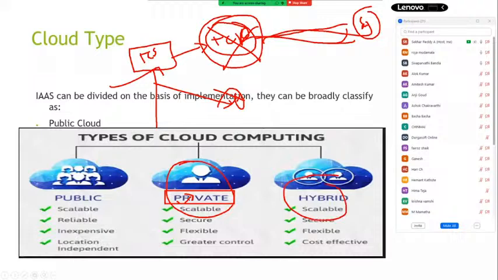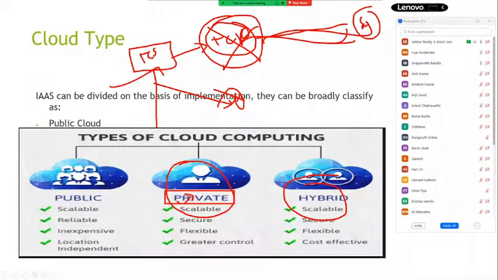Hybrid, you know, right? The hybrid keyword nowadays in IT, we are asking about the hybrid model. What does it mean? Hybrid is a combination of public and private. In the same way, in generic words, 2 days work from home and 3 days work from office, that combination we call a hybrid model. Am I right?